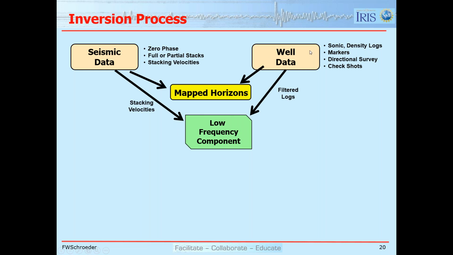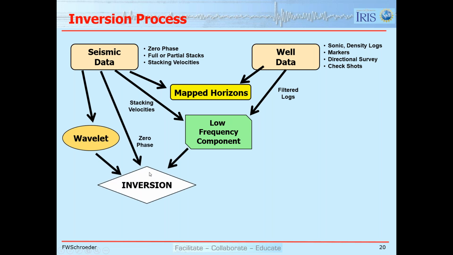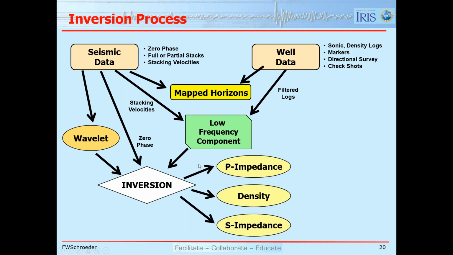We can then get from the stacking velocities a low frequency component for the seismic. We can filter the sonic and density logs to get a low frequency component at the well locations. We can merge those two. We need to extract a wavelet from the seismic data, and then we can perform the inversion by using the extracted wavelet, the low frequency, the zero phase data, and the low frequency component of seismic that we get either from stacking velocities or filtered logs or a combination of the two.